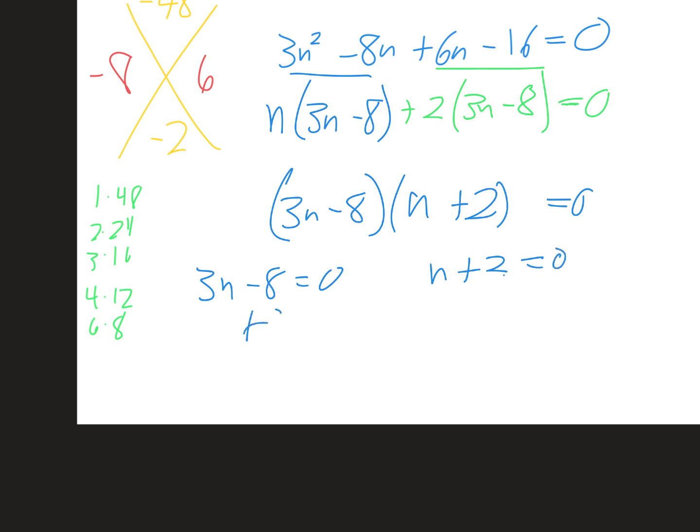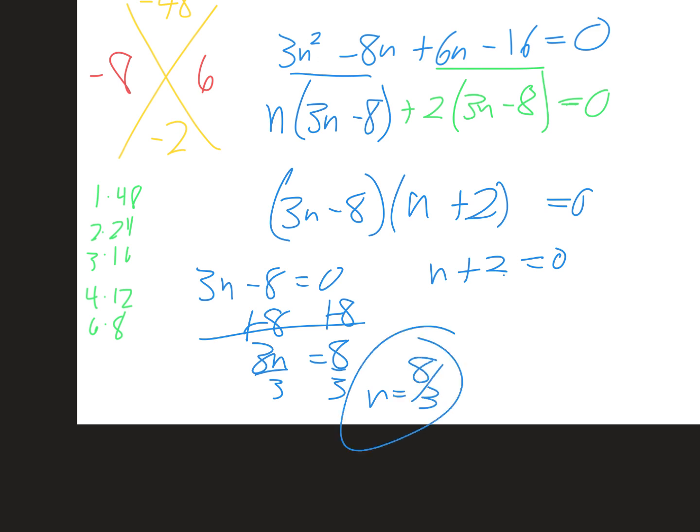This is a two-step equation, so I'll add 8 to both sides. 3n equals 8, and then I divide both sides by 3, and I get a fraction, but that's okay. n equals 8/3. Over here, it's just a one-step equation, so I subtract 2 from both sides, and n equals negative 2.